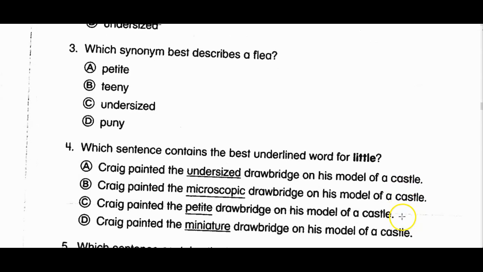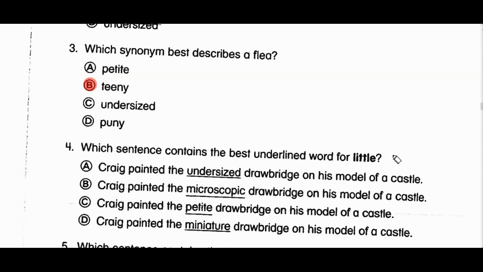Which synonym best describes a flea? Huh? Teeny, like a little spider. Teeny. Which sentence contains the best underlined word for little? Okay. Craig painted the undersized drawbridge in his model of a castle.